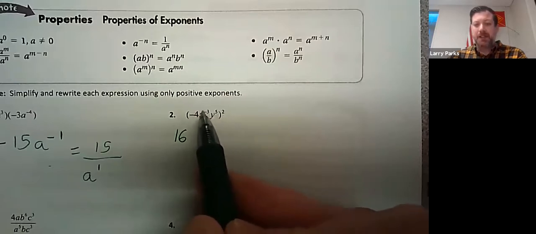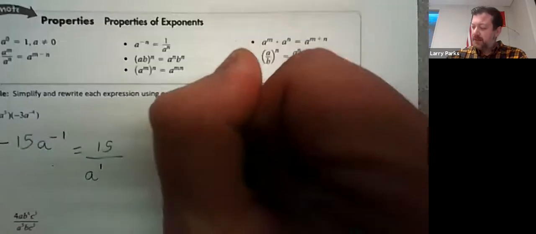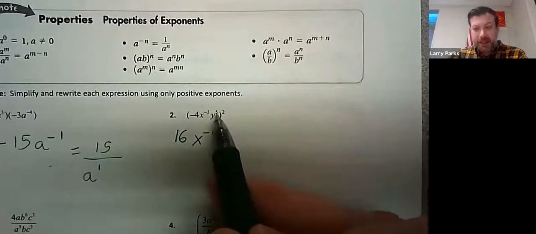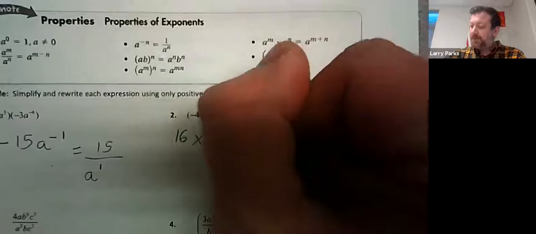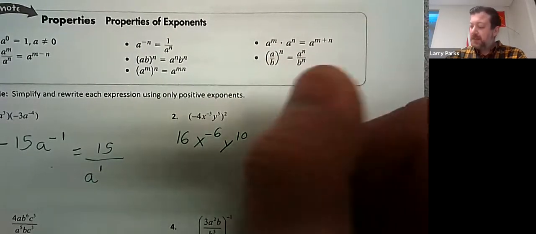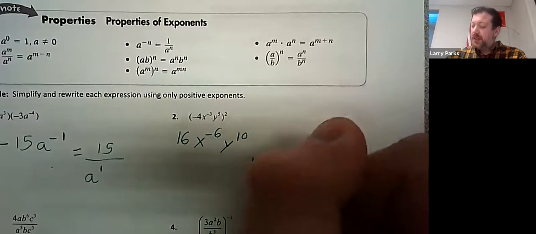Remember, you multiply exponents. So it'll be -3 times 2 is -6. 2 times 2, I guess that's a 5. 5 times 2 is 10. And you don't like negative exponents, so you're going to drop it down to the denominator.